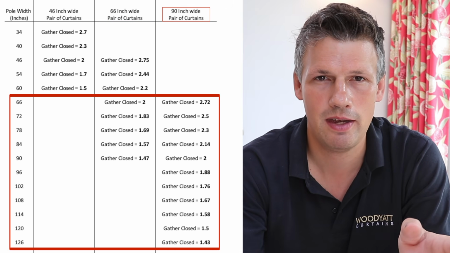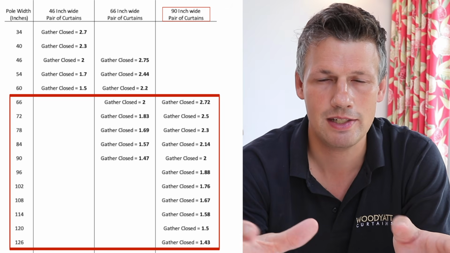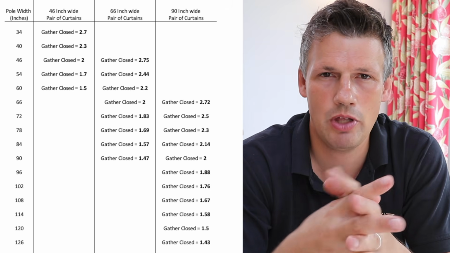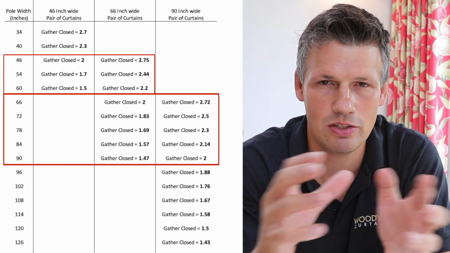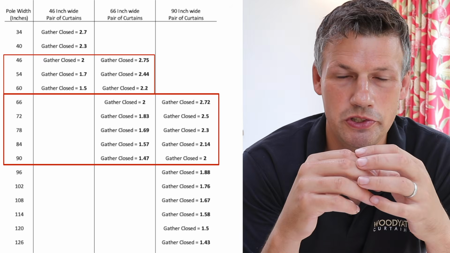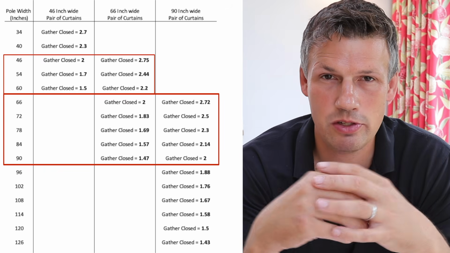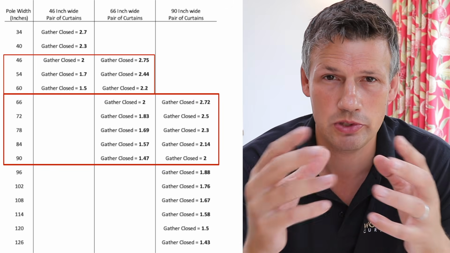Next is the largest pair, 90 inches wide, and that does a pole width from 66 to 126 inches. You'll also notice there's 2 areas in the table that overlap. This is between 46 and 60, and between 66 and 90. It's up to you which sizes you choose. Generally, double gather or above is recommended, but if you're happy with less than 2 gather, that's perfectly fine. So choose a smaller curtain size and you'll save yourself some money.